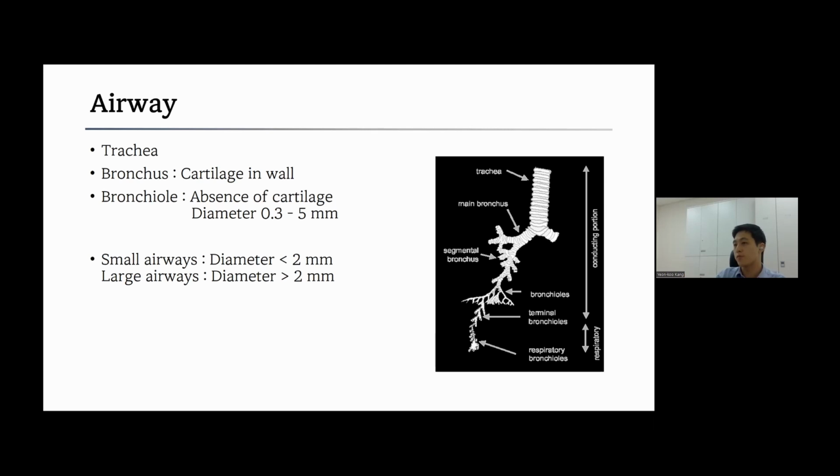Bronchiole differs from bronchus in that it does not have a cartilage surrounding it. After multiple steps of division also, bronchioles reach the terminal bronchioles and then respiratory bronchioles, which are structures just before the alveoli where air exchange occurs.